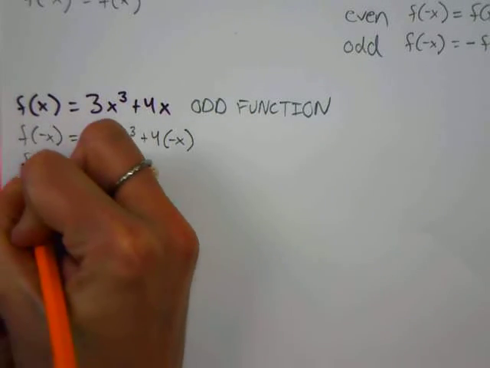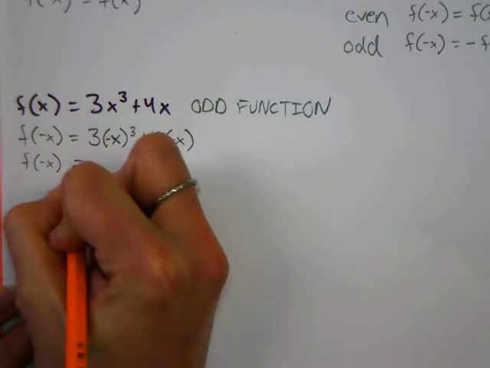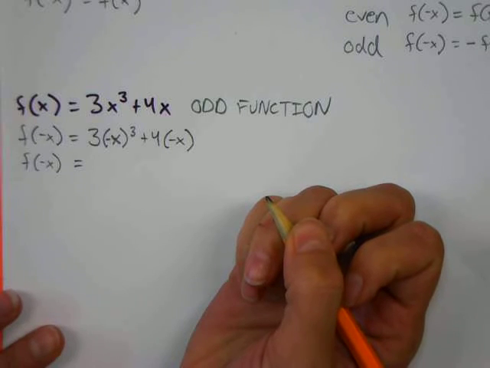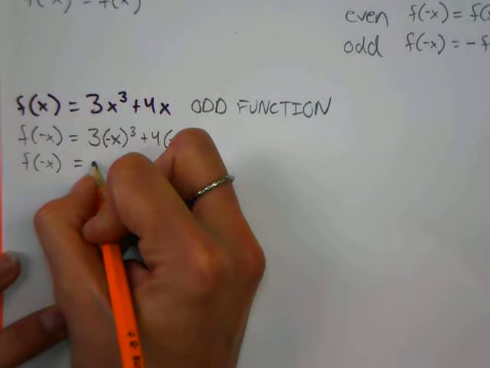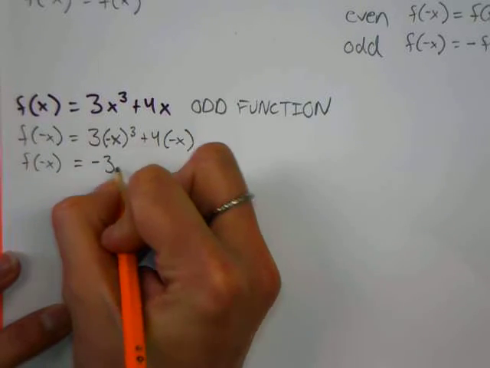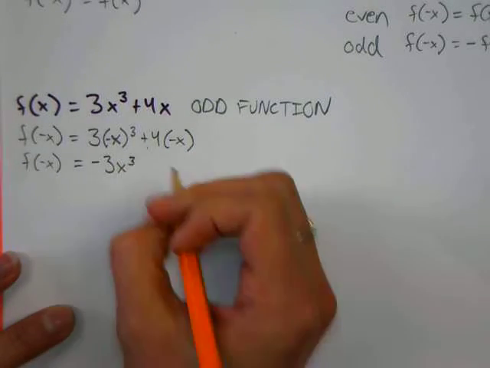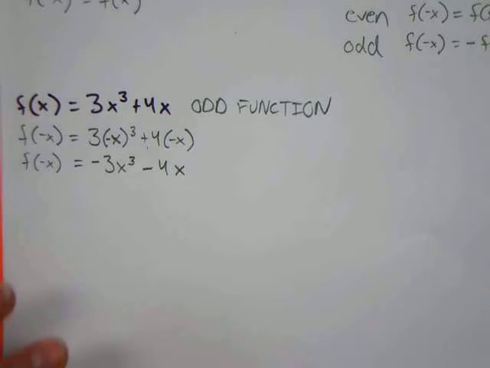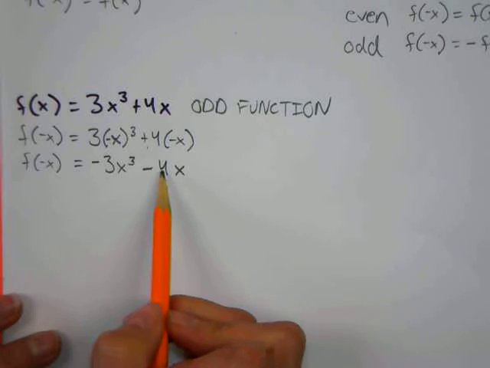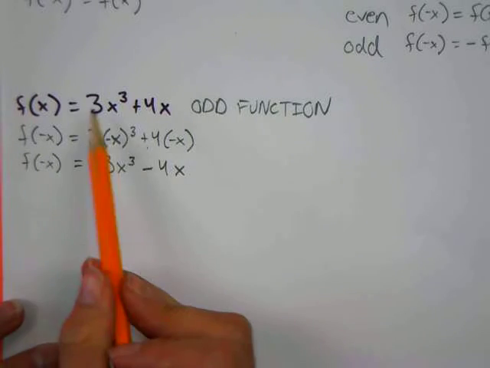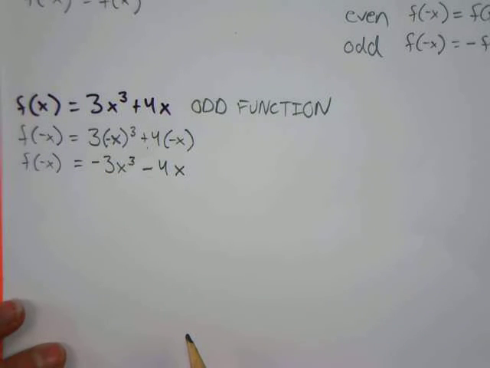If I simplify, f of negative x is equal to, well, a negative x cubed is going to be negative, so that negative can come out front, and I'm going to have negative 3x cubed. And a positive 4 times a negative x would be a minus 4x. So already from looking, I'm noticing that each of these terms is the opposite of what I started with. So I have the opposite or the negative version of this function f of x right here.